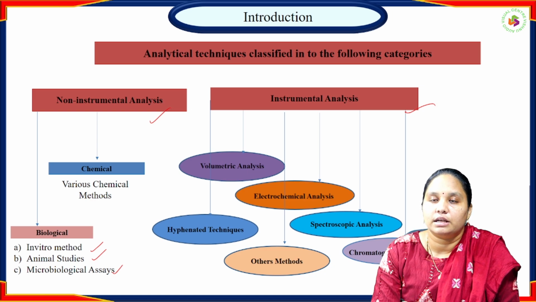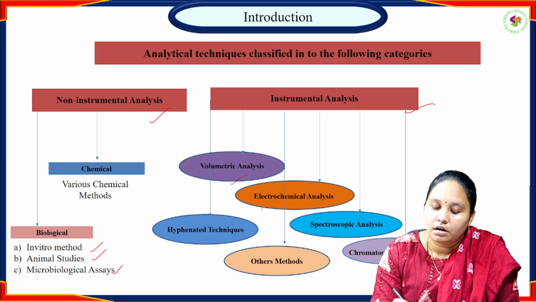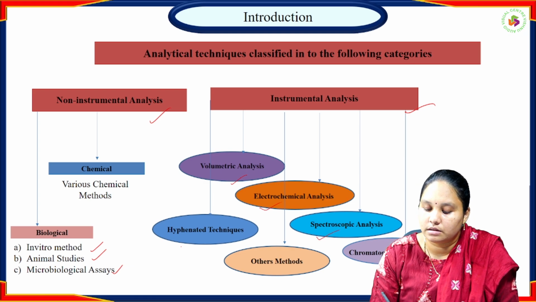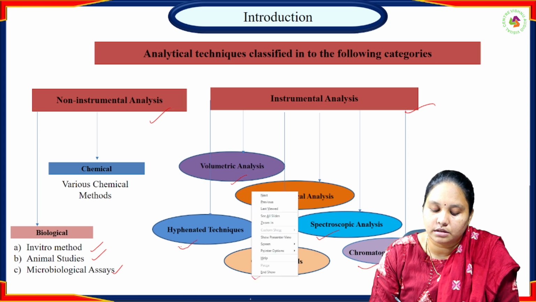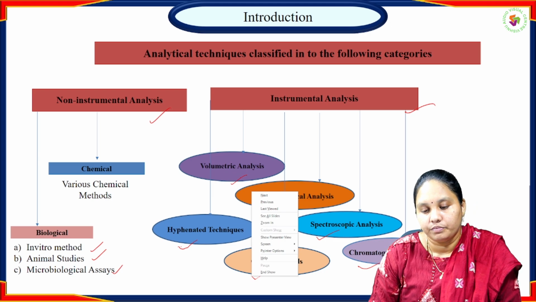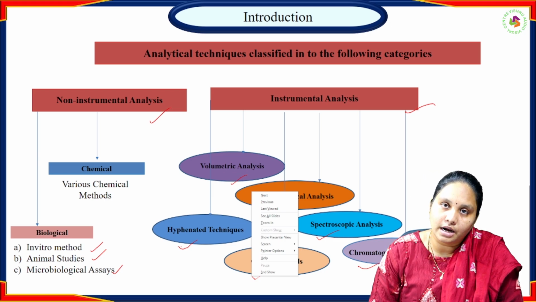Instrumental analysis techniques are volumetric analysis, electrochemical analysis, spectroscopic analysis, chromatographic analysis, hyphenated techniques, and other methods. All these are analyzing methods. By using these analyzing methods, we can find out the functional groups and the concentration of an unknown sample.